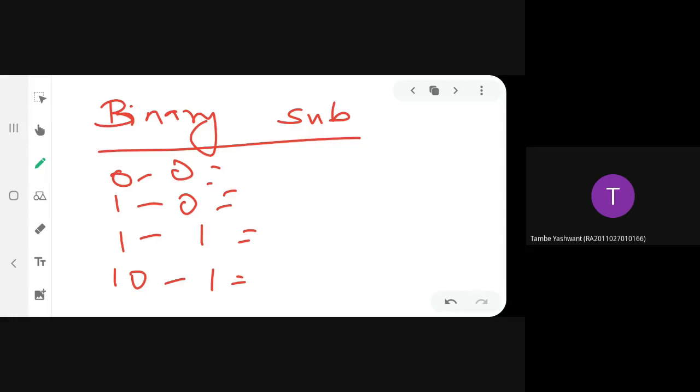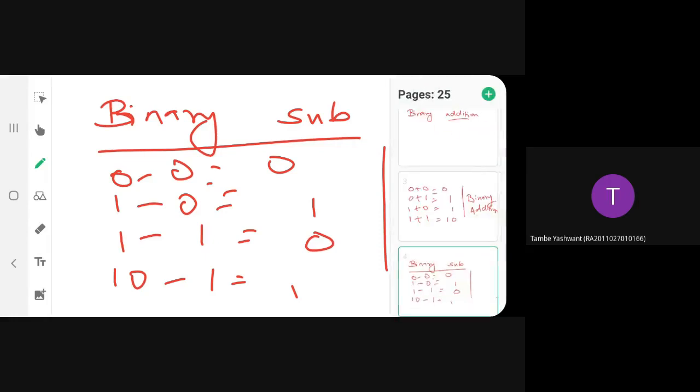Ma'am, 0 minus 0 is 0. 1 minus 0 is 1. 1 minus 1 is 0. 10 minus 1 is 1. All right. 0 minus 1, you have to take a borrow from the next, and the answer will be 1. All right. So these are all the operations involved with subtraction.